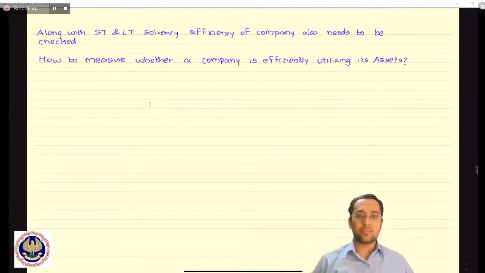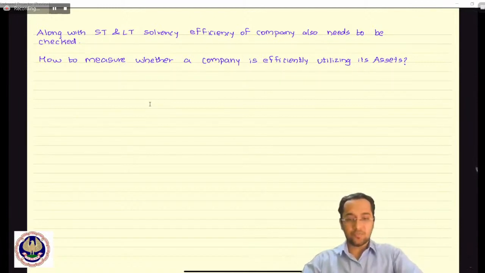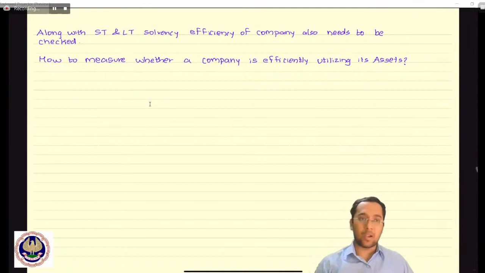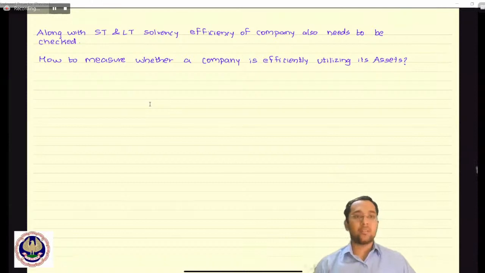We've also seen some of the return ratios, in which we saw return on capital employed, return on net assets, return on equity. We've also gone through some of our market related ratios like earnings per share, dividend per share, dividend payout ratio, price to earnings ratio. So we have been through a bit of these ratios.